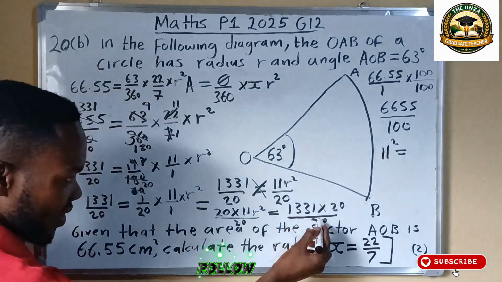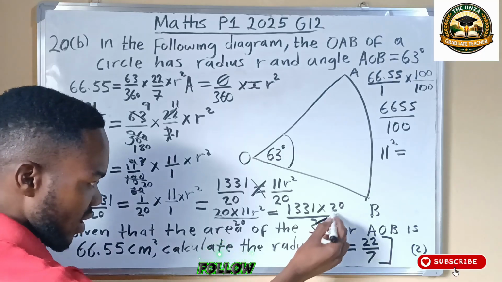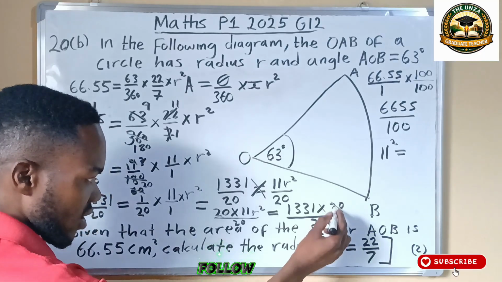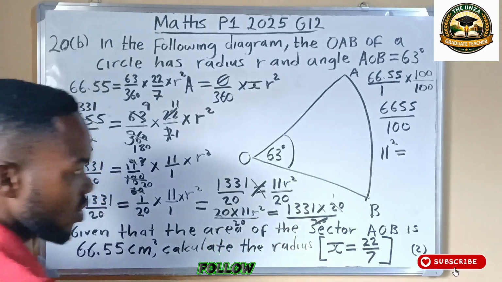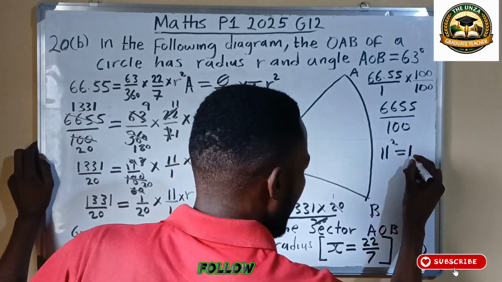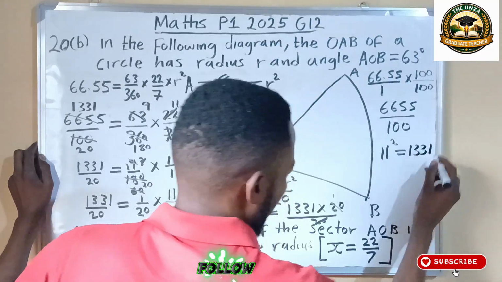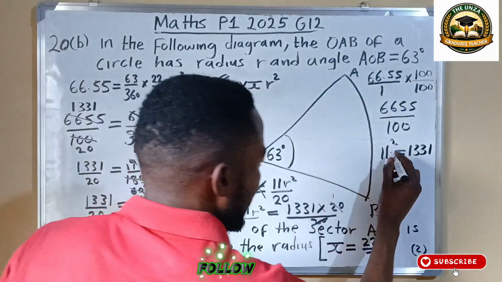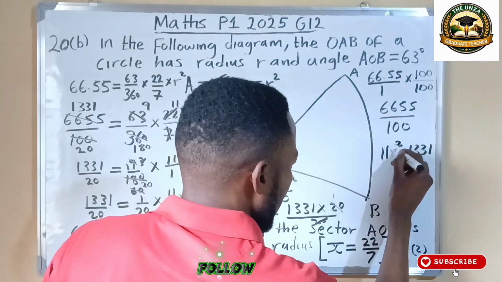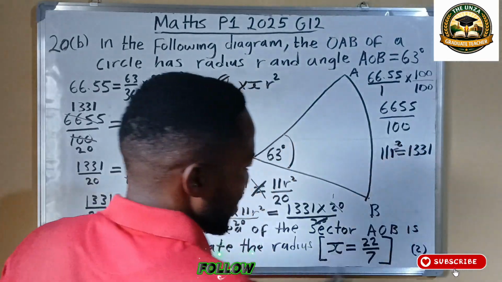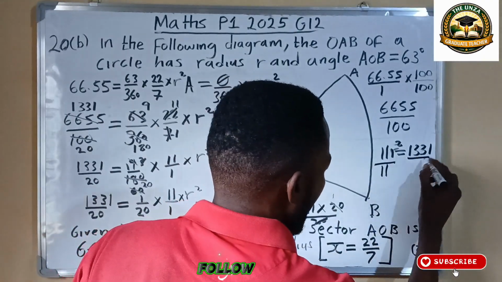And on this side there is 1331 times 1, which gives you 1331. This side is supposed to be 11 r squared. So you divide both sides by 11.